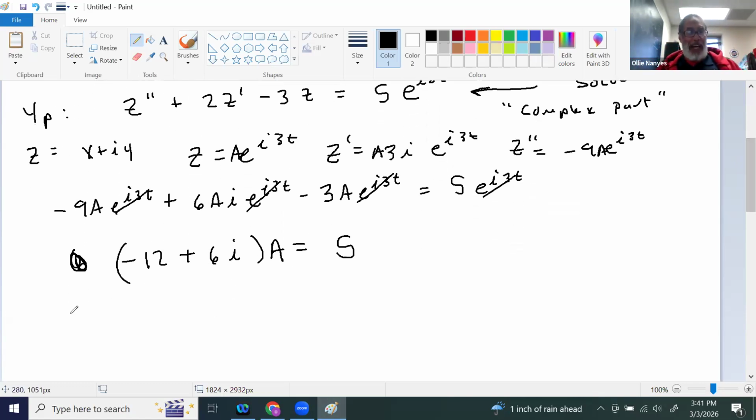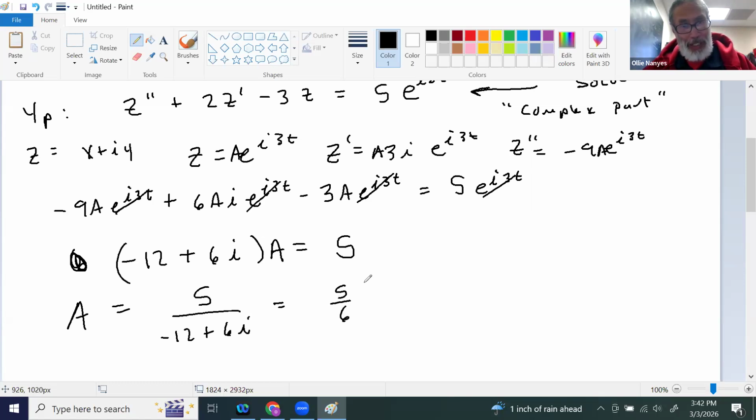So now solve for a. A is 5 divided by minus 12 plus 6i. I want to make sure I got my constants right. All right, that's correct. Now let's do ourselves a favor and divide out by 6. So I have a 5 over 6 here, and then on the bottom, I have minus 2 plus i.